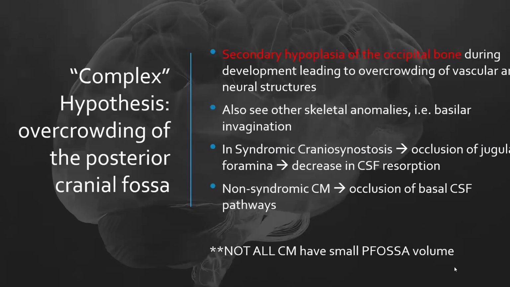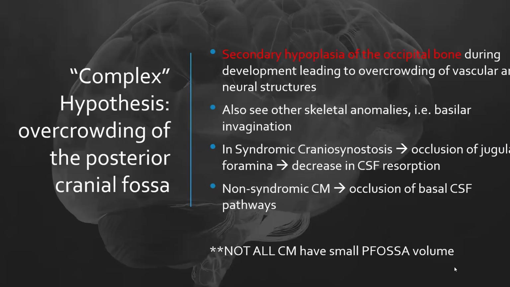And then you have a more complex hypothesis that's been described over the years, and many different theories. Again, not one explanation, but one involves a hypoplasia of the occipital bone that happens during development, which essentially leads to overcrowding of your neurovascular structures, neural tissues, could potentially lead to hydrocephalus as well.